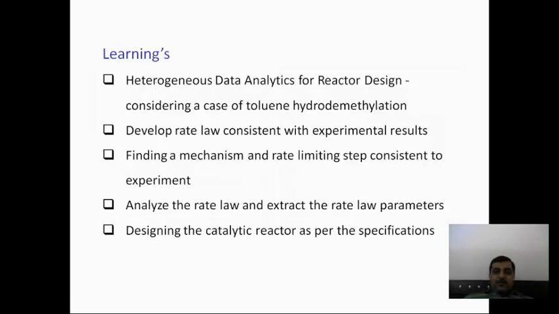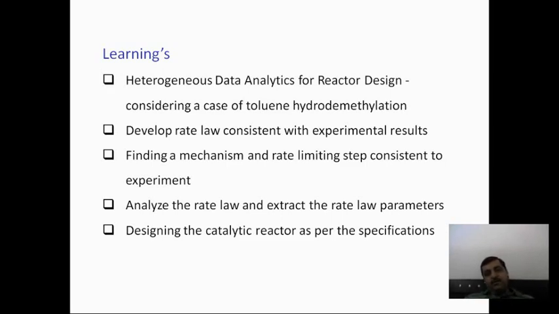So this is what we have learned through our video lecture. We have seen heterogeneous data analysis for reactor design, considering a very specific case of toluene hydrodemethylation. We have developed a rate law consistent with the experimental results. We have found a mechanism and analyzed this rate law and extracted the rate law parameters from regression analysis.